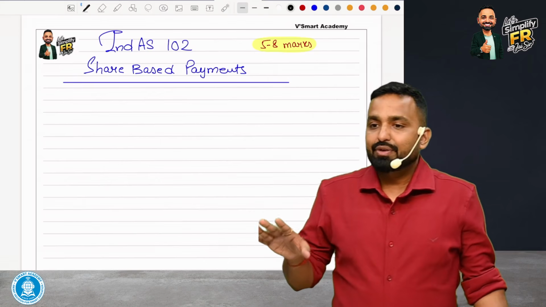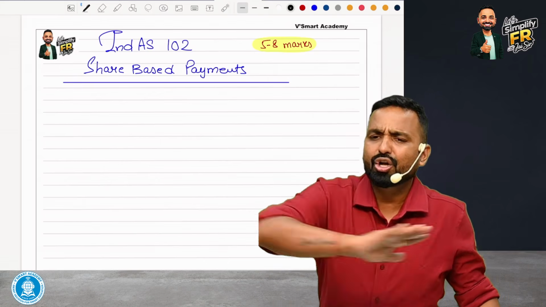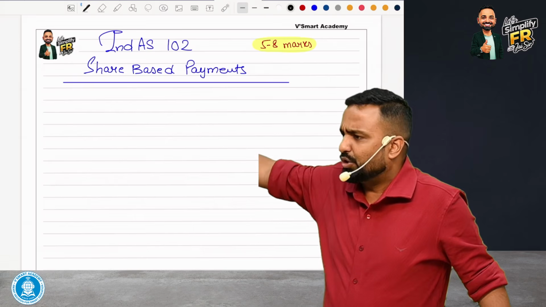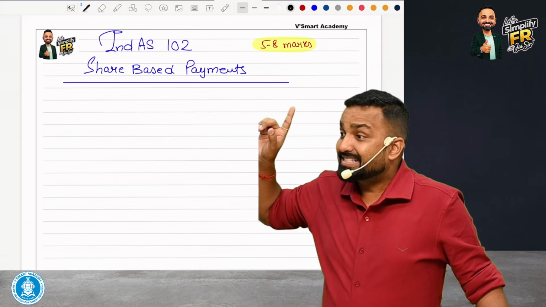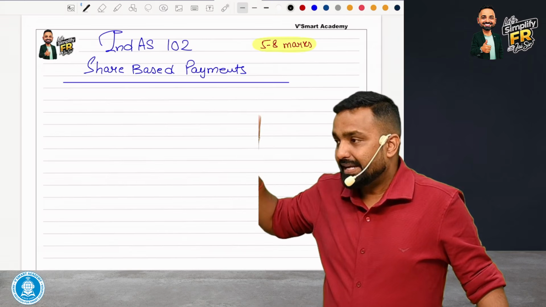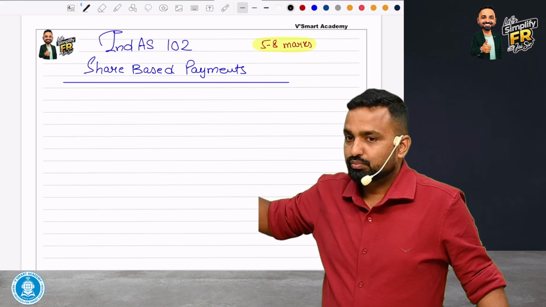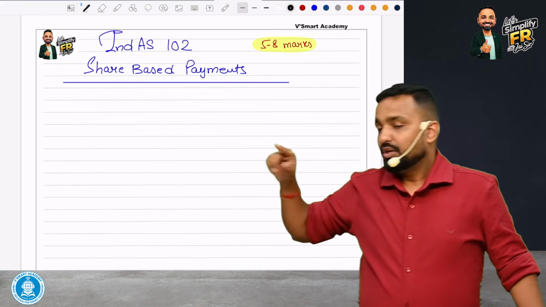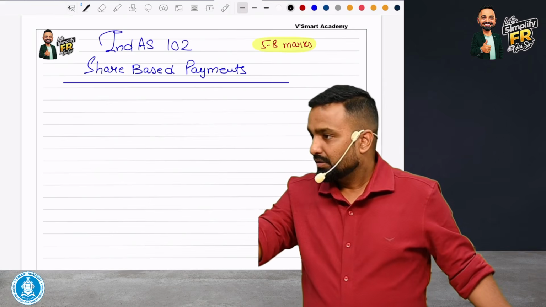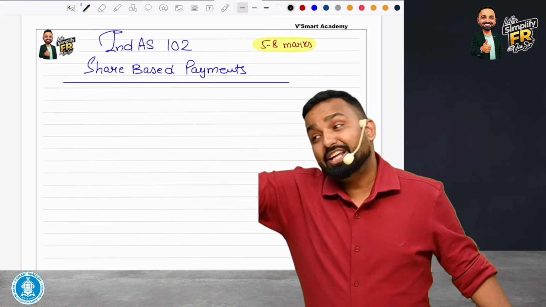This Ind AS 102 covers all sort of share-based payments, as I told you, except right issue. You understood right issue? Suppose you are my employee, and at the time you are already a shareholder.